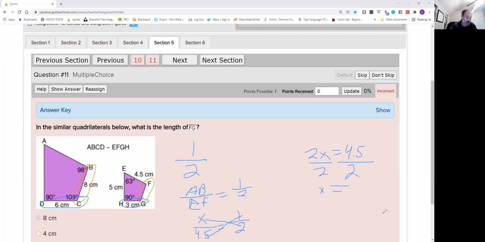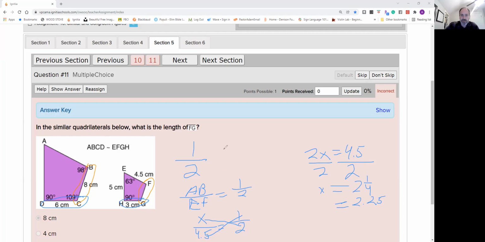I'll give you 3 seconds to figure that out. Ready? Can you tell me what that is? If you were to divide 4.5 by 2, Lord willing, you came up with 2 and 1/4, or 2.25, right?